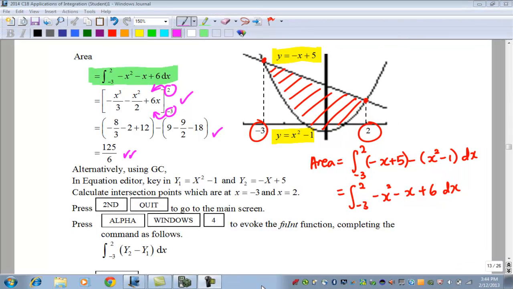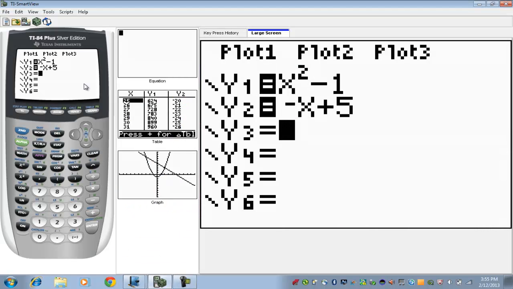Alternatively, you can use your GC to find the area between the two curves. Let's go to our GC. Suppose that earlier you already keyed in the equations of the two graphs, and in my case, x squared minus 1 is this graph, and y2 equals -x plus 5 is this oblique line here. For GC there are some limitations.